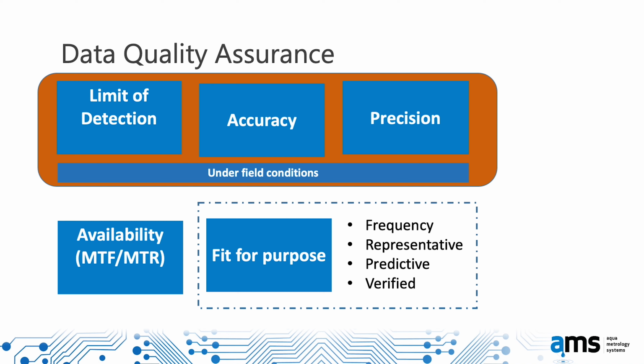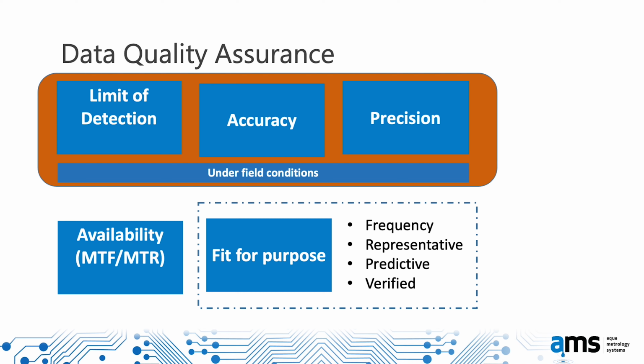The first parameters, limit of detection, accuracy and precision, are critical, and the performance of online analyzers needs to be evaluated under field conditions, not in a lab with distilled water that has been spiked with a contaminant of concern. This is the basis on which instrumentation manufacturers advertise their products, but frequently it is no indication of their performance under field conditions.